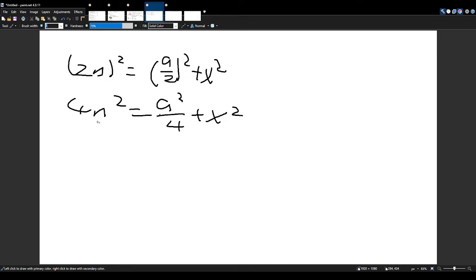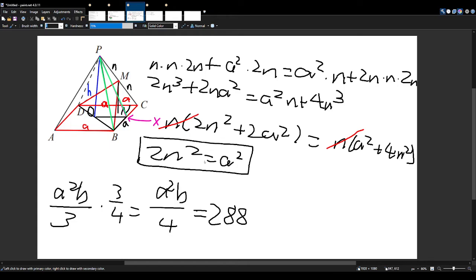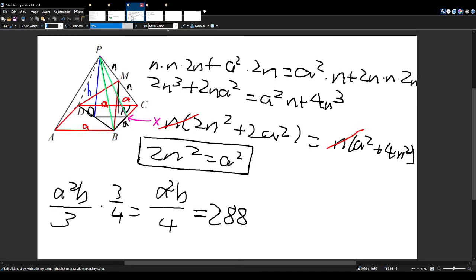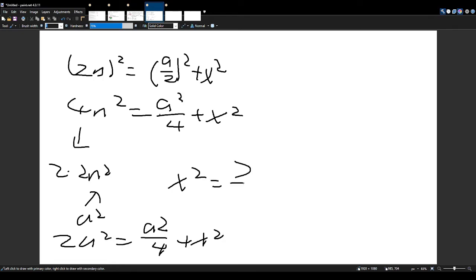And the important part is using this relationship that we found. This can be broken down as 2 times 2n squared. And 2n squared we found is a squared. So this is actually just 2a squared is equal to a squared over 4 plus x squared. So you can solve that x squared is equal to 7 over 4 a squared.